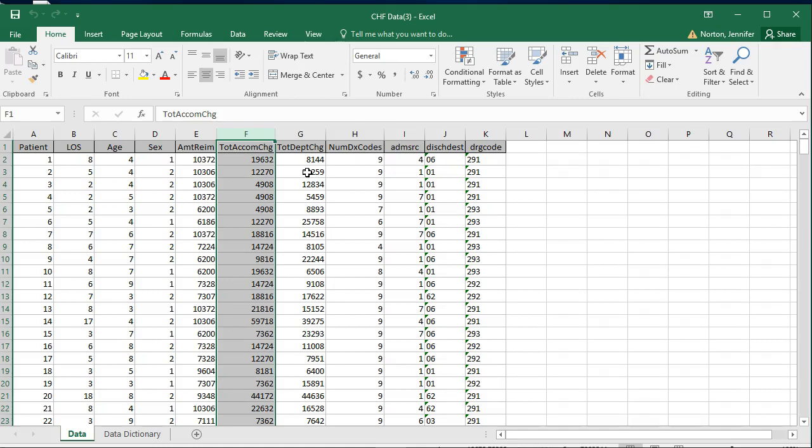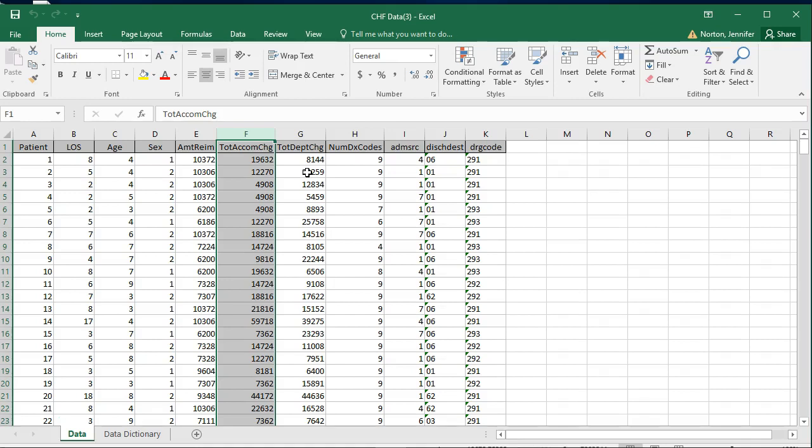And we already know that: age category, gender, admission source, discharge destination. We have that information in the data dictionary that's supplied. And again, they use the standard codes for those admission sources and discharge destinations, as well as the MedPAR standard for patient gender and age category.